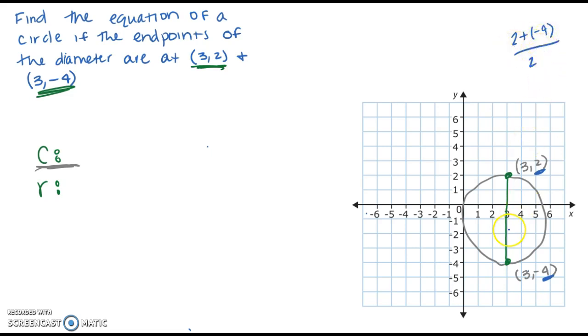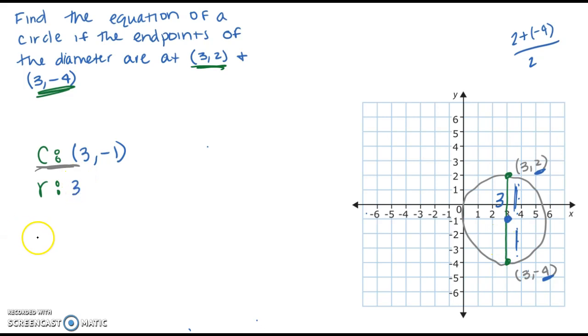But the middle of 2 and negative 4 would have to be negative 1. And you can even count your boxes. There are 3 boxes on that end and 3 boxes on that end. So there's your center. The center of the circle is at the point (3, negative 1). And then my radius. Well, since I counted 3 boxes this way and 3 boxes that way, the radius of my circle has to be 3.